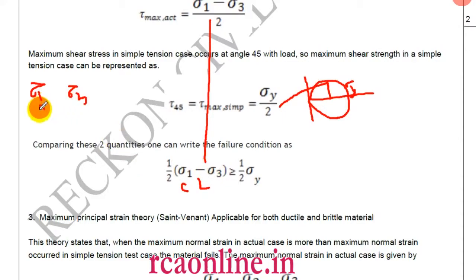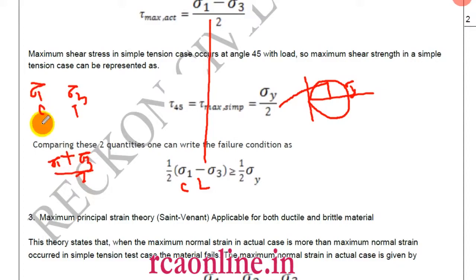If sigma 1 is compressive and sigma 3 is tensile, then we will have sigma 1 plus sigma 3 by 2.